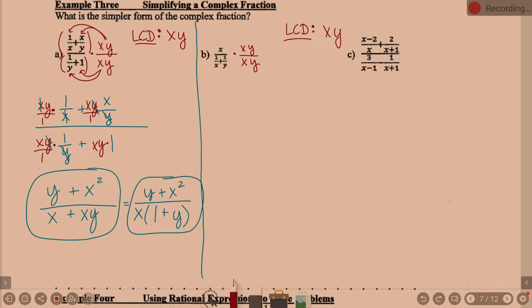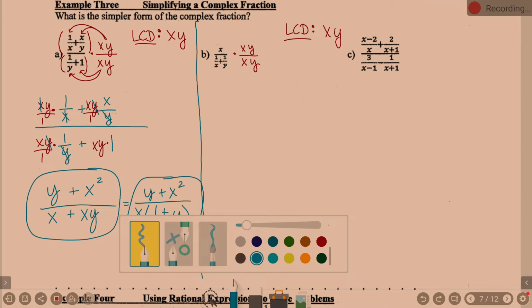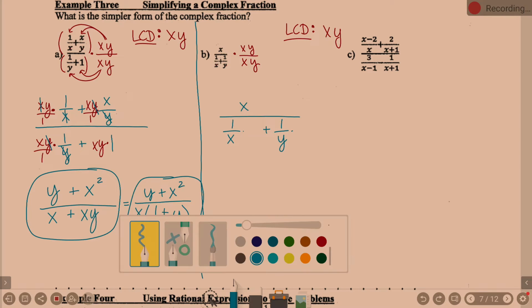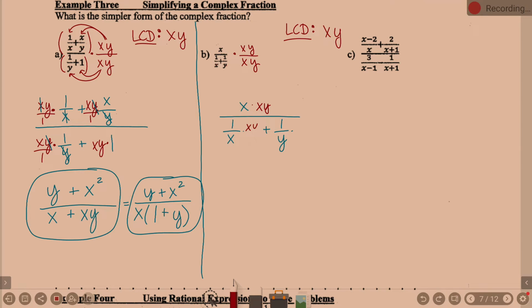So, the idea here, guys, just like last time, multiplying every term by xy. On top, that just means you're multiplying x times xy. But on bottom, it's 1 over x times xy and 1 over y times xy. So we're multiplying every piece of the problem by xy.